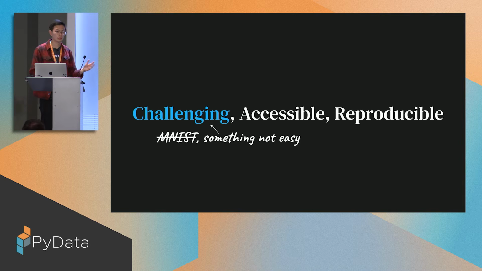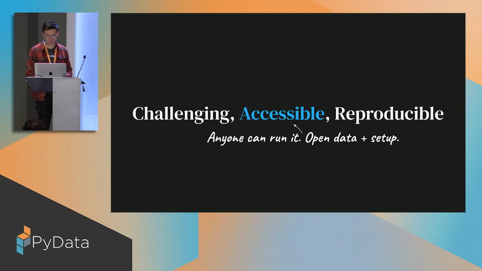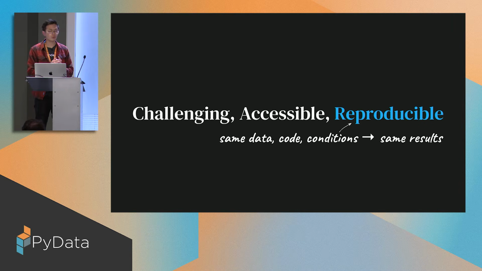So MNIST, the handwritten digit recognition dataset, is not one of those. For accessible, that means anyone can run it with any open data or setup. And for reproducible, ideally with the same data, the same code and same conditions, we get the same results.